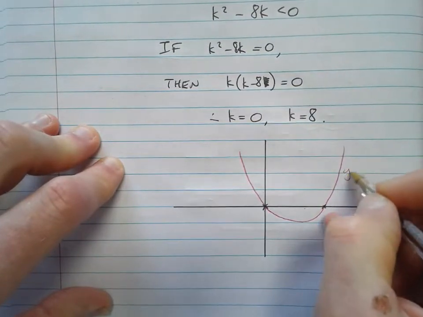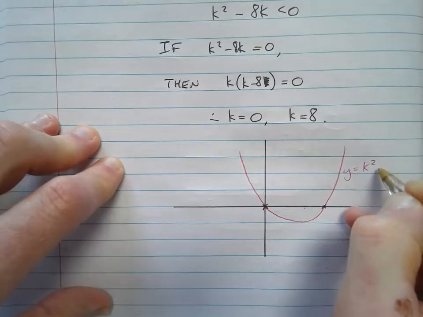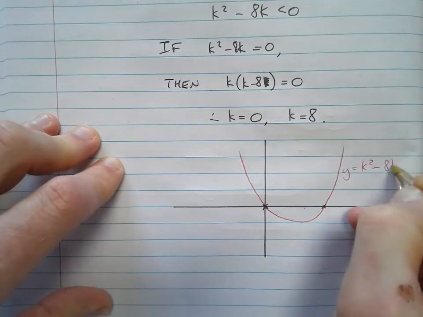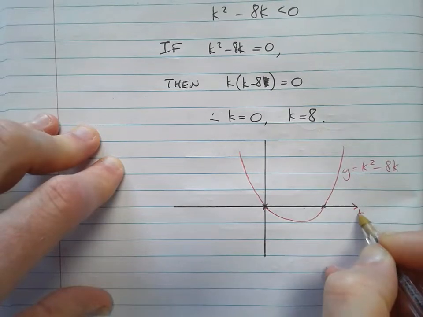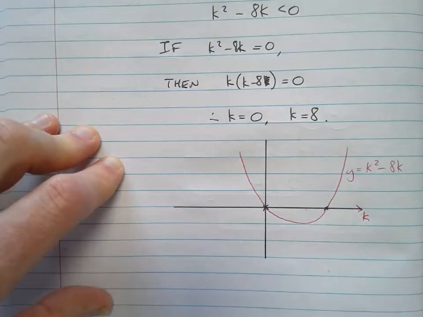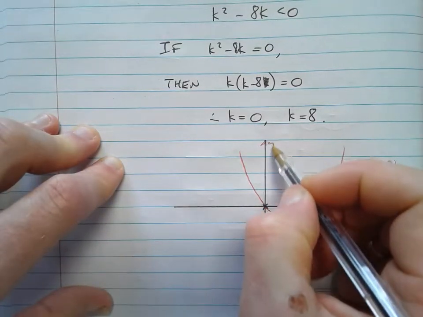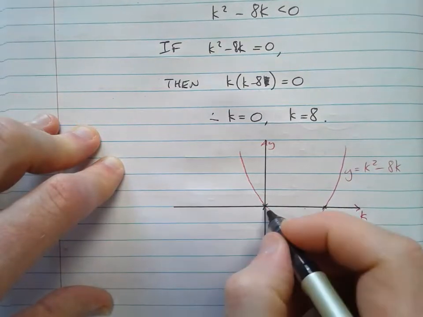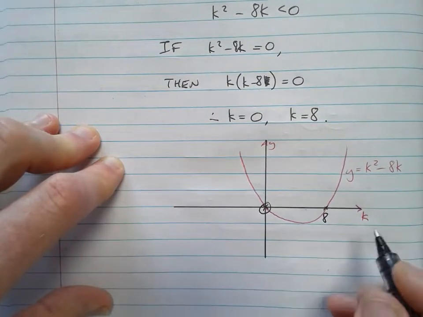Okay, so what I've effectively just sketched there is y equals k squared minus 8k, where this is the k axis, and that is the y axis. This is our 0 and this is our 8.